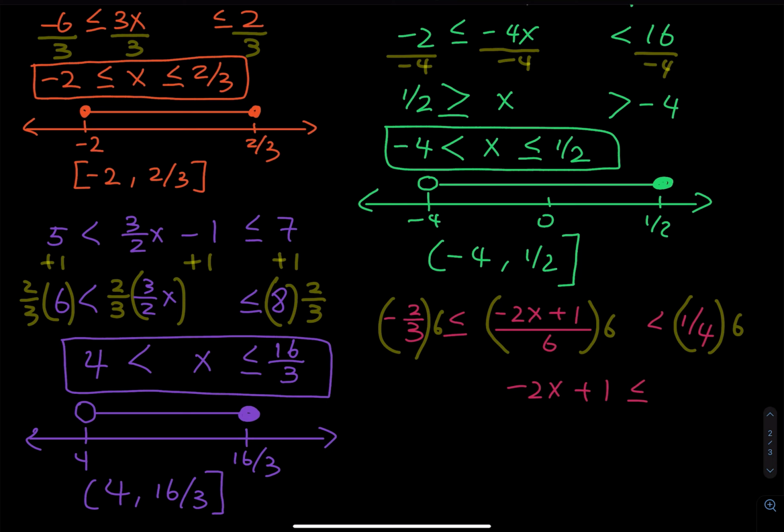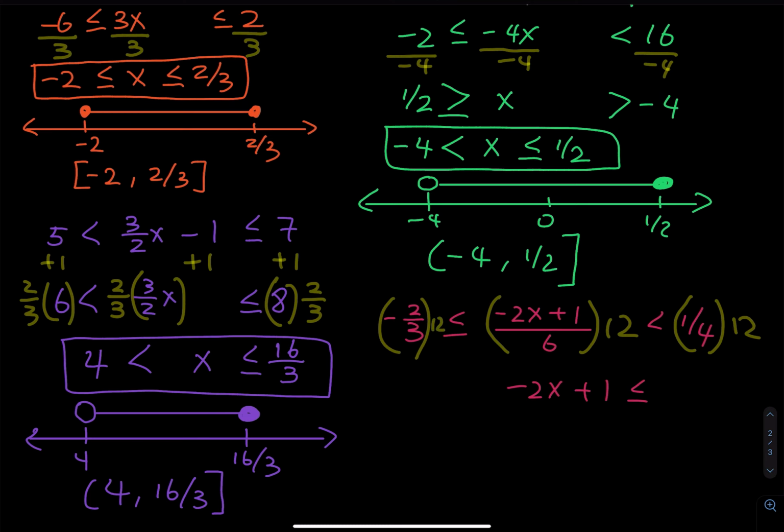There is a better way to do this. 6 is fine, but what I would like to do is get rid of all the denominators. I'm trying to multiply by a number that is big enough to get rid of all the denominators. How about a 12? 12 is big enough to get rid of all of them.